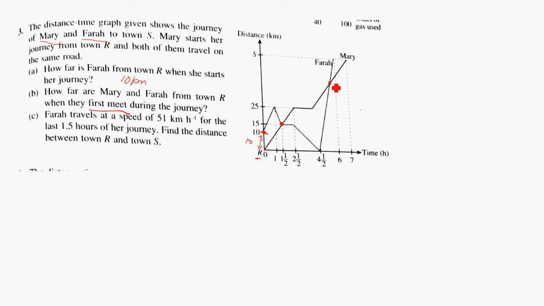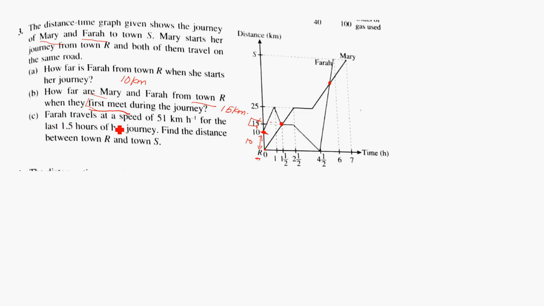So there are two meeting points of Farah and Mary, but the question asks about their first meeting. So the first is this one. After 1.5 hour, they meet here, and the distance here is 15 kilometer from R. So how far are Mary and Farah from town R? The answer is 15 kilometer.